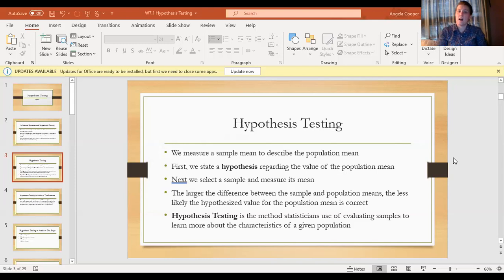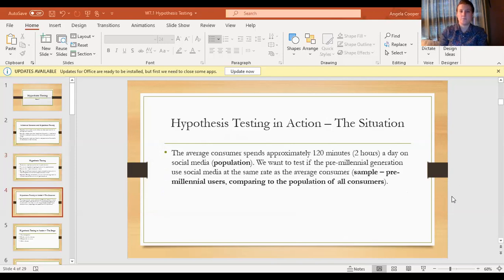And finally, we use hypothesis testing in order to infer information about the population using a sample. Just like this 4th bullet point is saying, the less likely the hypothesized value for the population mean is correct, that is the information of the given population that we're trying to figure out. But I digress.